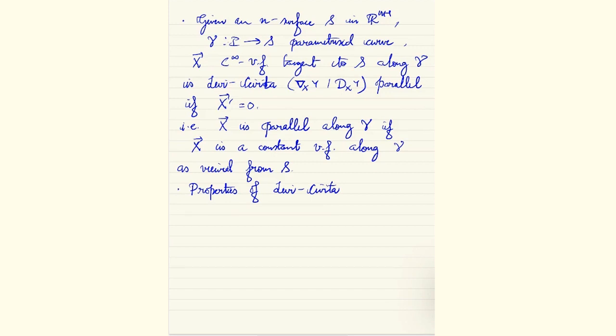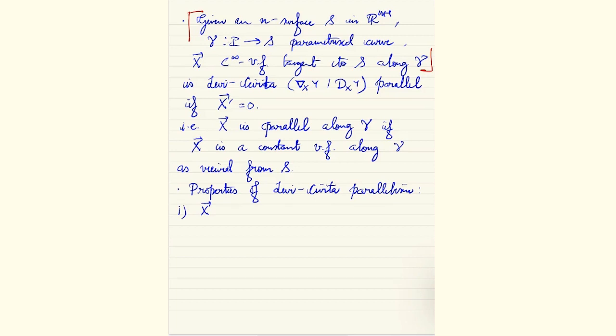So let's say parallelism. Everything is as before, so the setup is always that your vector field is tangent along the curve.